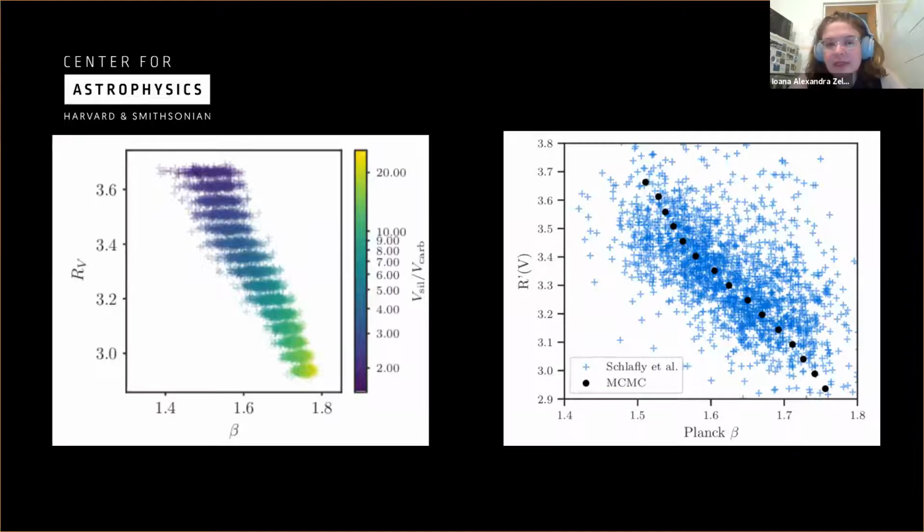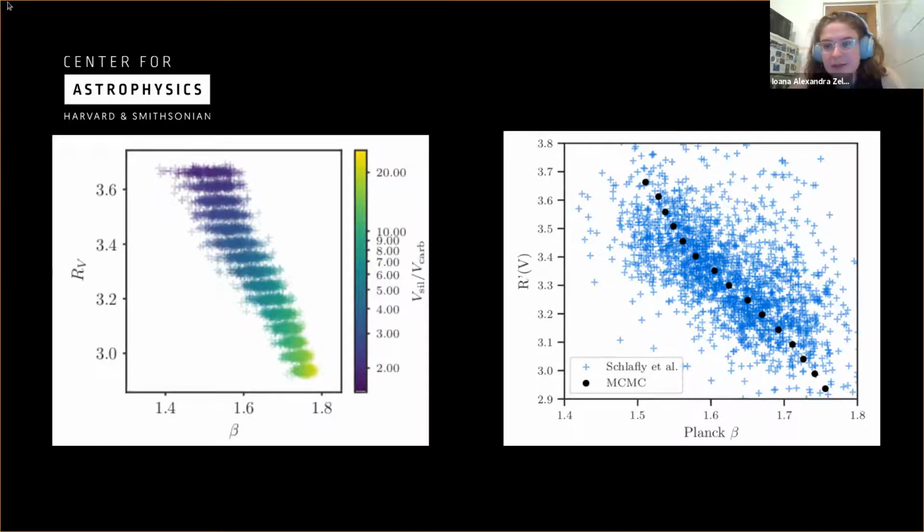However, I should mention that this is just the model. So it's very dependent on the model that we use for the size distributions and for the optical parameters and composition of the dust. If one comes out with a different model for the dust, there may be other explanations for this result as well.